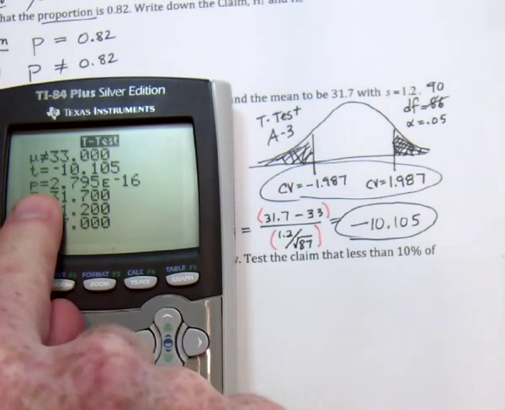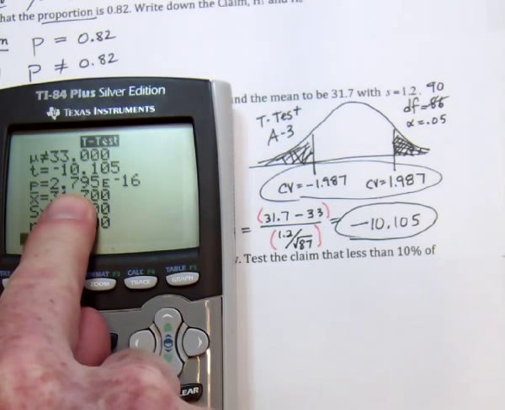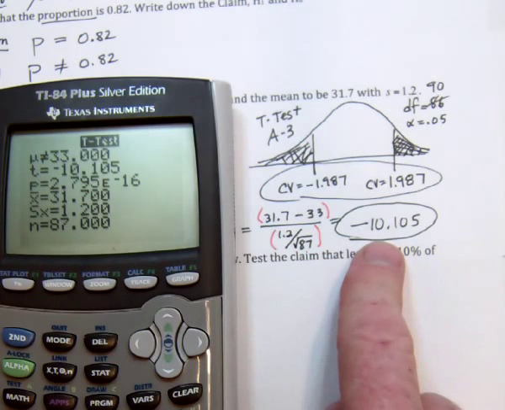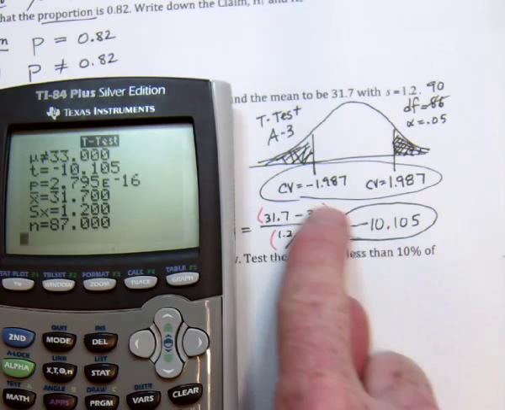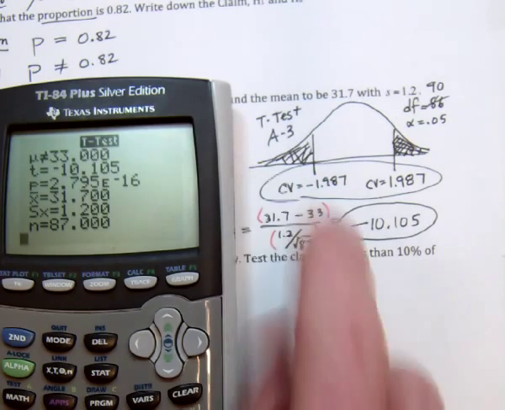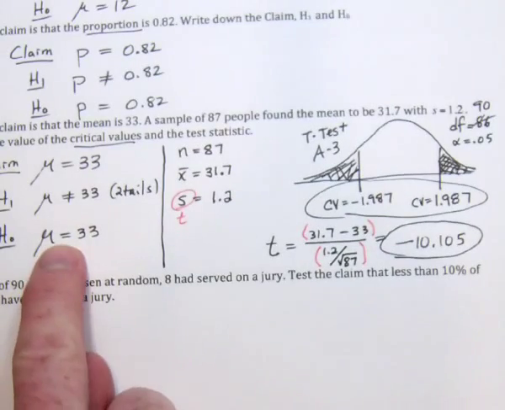So this would be an extremely small p-value, which basically says you would reject what they say, which is what you're supposed to do here, because this negative 10.105 would go past the negative 1.987, in fact by a lot. So that means you would reject. You would say, this is not true.